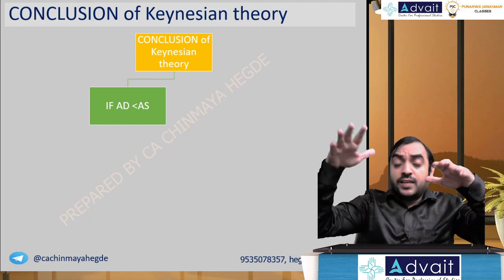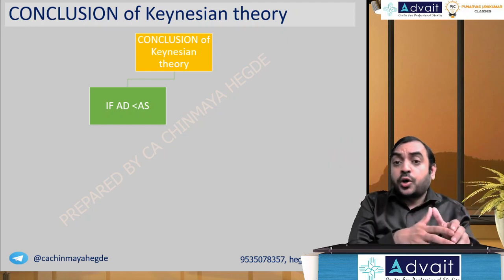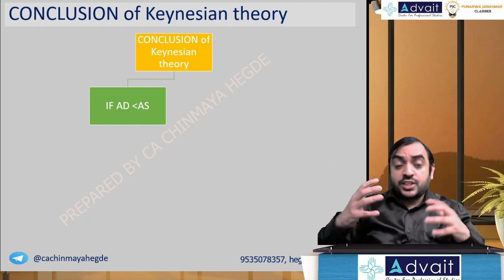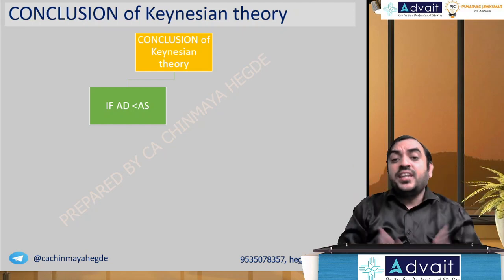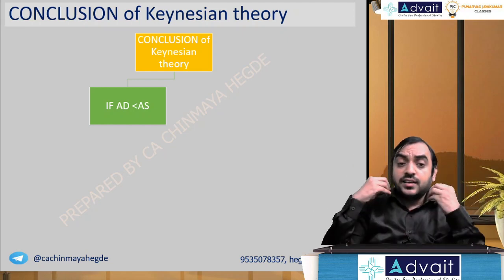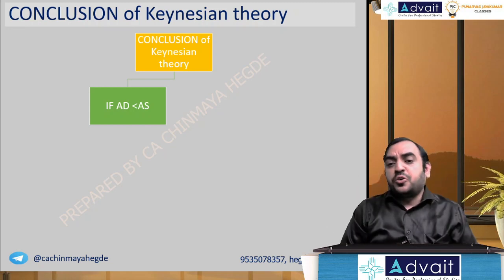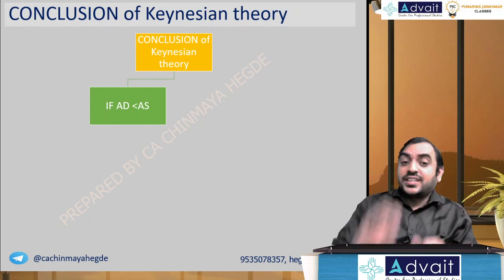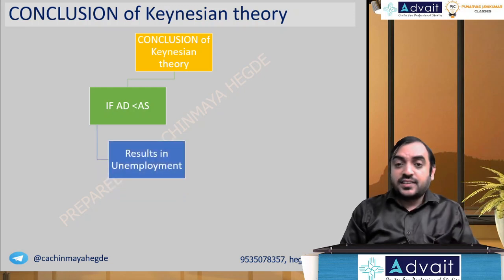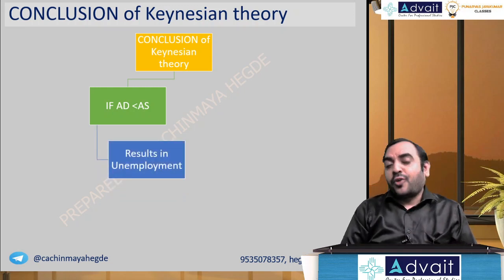And at an economy level, now don't think at individual one product level, at economy level, imagine India producing so many goods in aggregate. We are producing everything, but people are not there to buy. No demand, but goods are increasing. In that case, it results in unemployment.